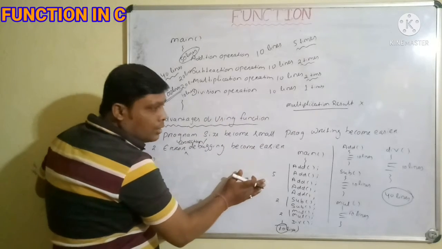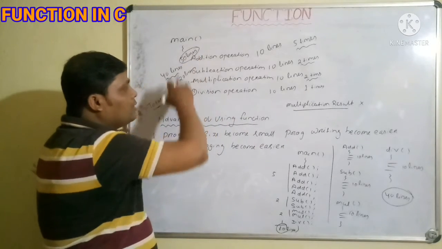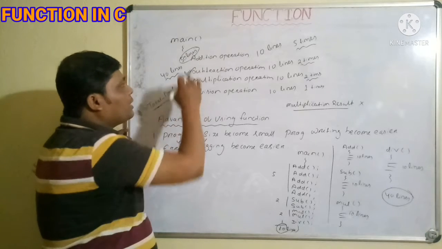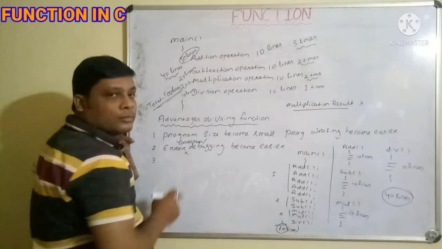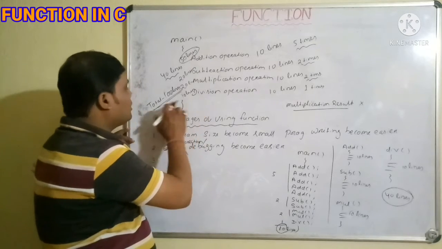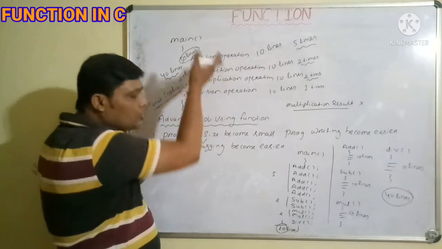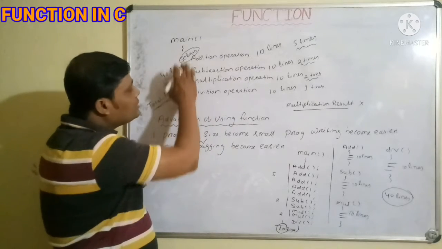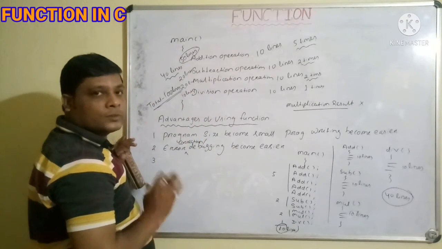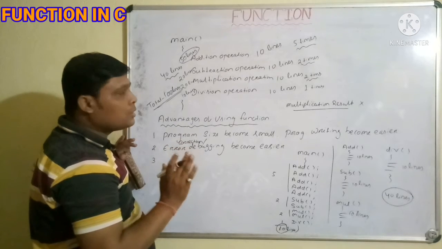Then if you are not using function, in this case you have to check each line and debug that error. You have to check the total 100 lines where the multiplication coding is there. Understood or not?